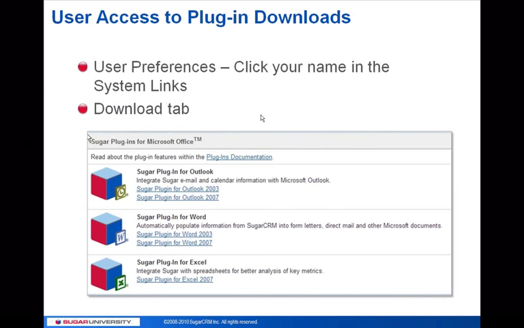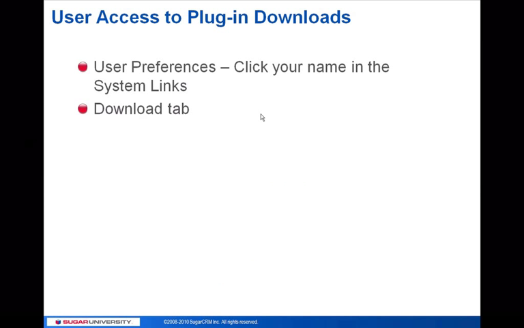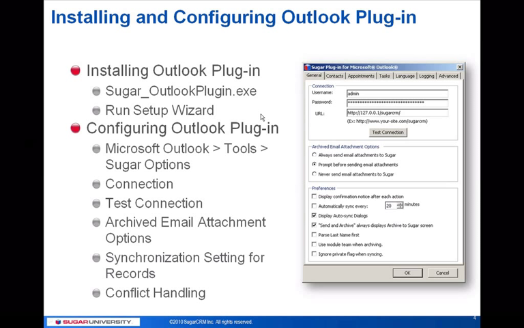Once you find the link that you need, we're going to talk about installing and configuring your plugin. You're just going to run that extension for the Outlook plugin, and then it's going to kick off a setup wizard for the plugin.